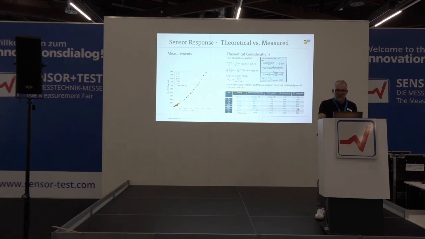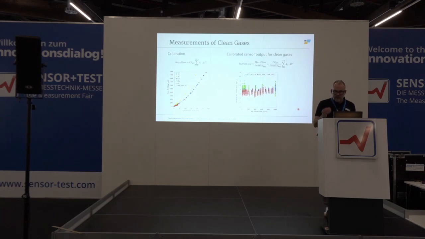If you say it's one of these gases, the sensor chooses which gas is most probable and then corrects for that. This works for clean gas detection quite well, and here you see a typical sensor output. We can measure within 2.5% roughly of the max flow, all these different gases.